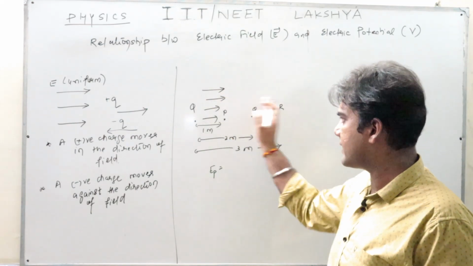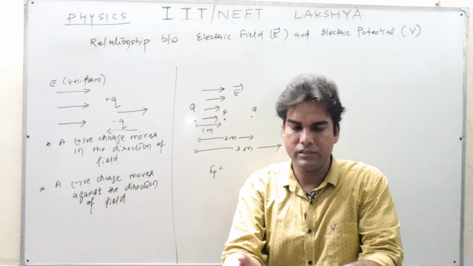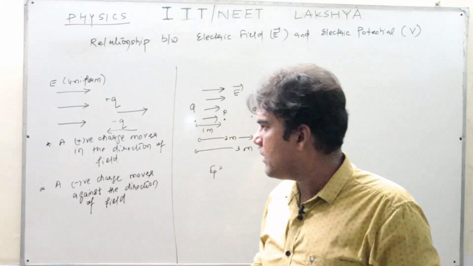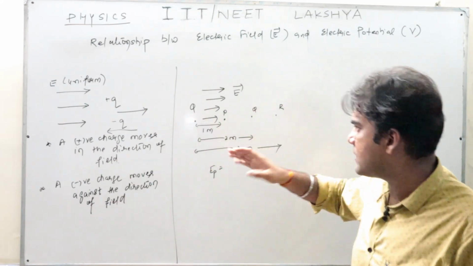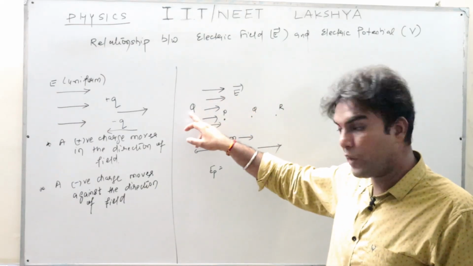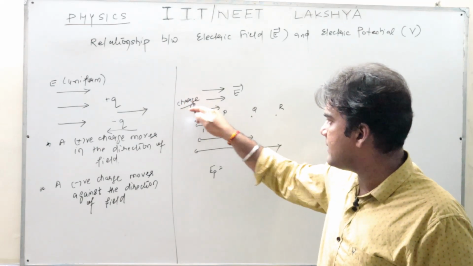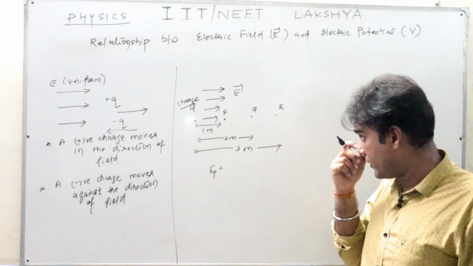Basically the electric field will be in all directions, 360 degrees away from the positive charge, but I am just considering this direction. This is a point charge Q, and these are three points: point P, point Q, point R.